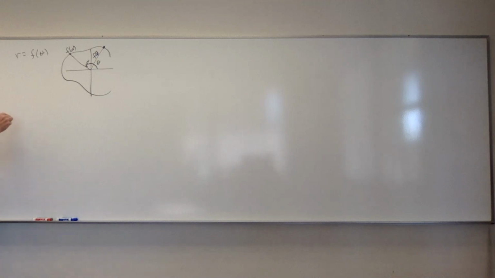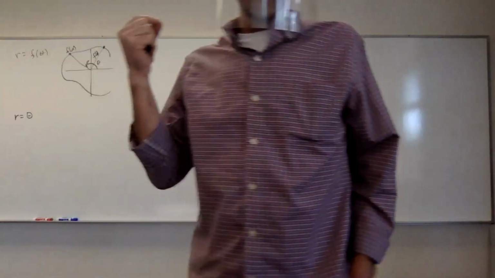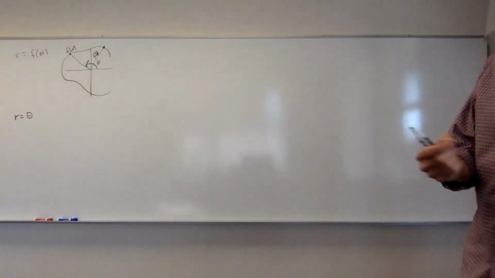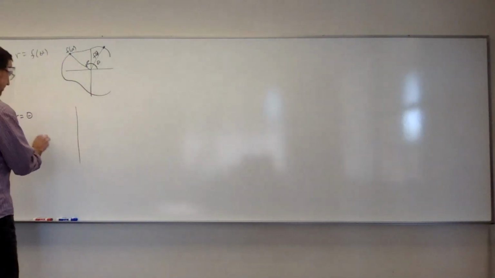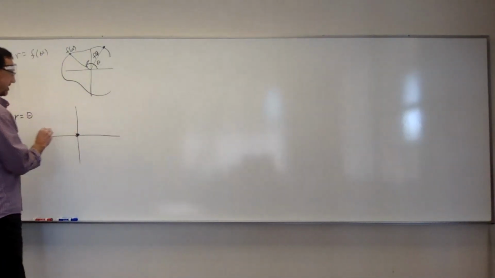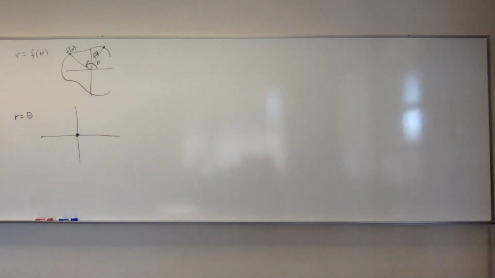For example, let's take a simple function, r equals theta. So the distance r from the origin is equal to the angle theta. When we start at 0, well, the angle theta is 0, so we're looking at the x-axis. r is 0 at this point.